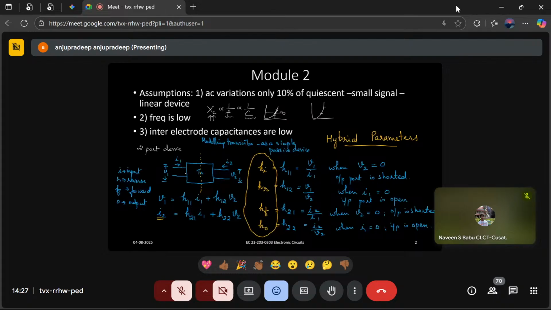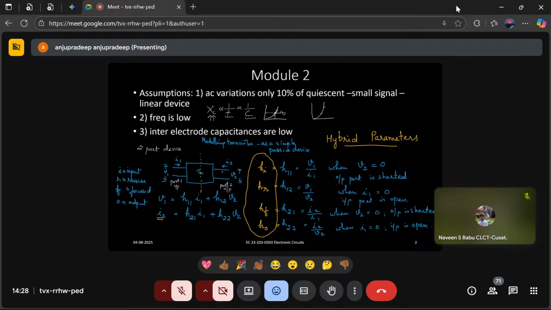It has an input side and an output side. Port 1 is the input, and port 2 is the output side. At port 1, you are applying a voltage V1, and current is flowing into the transistor, just like in any system, when you apply an input voltage.